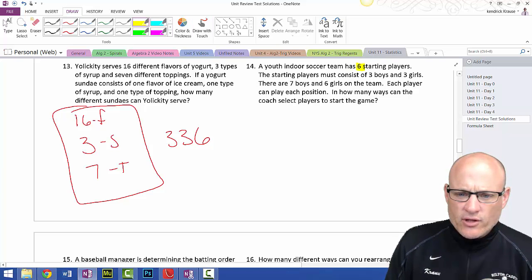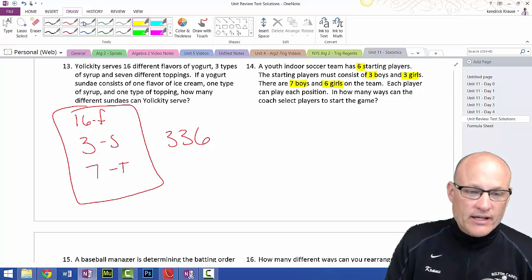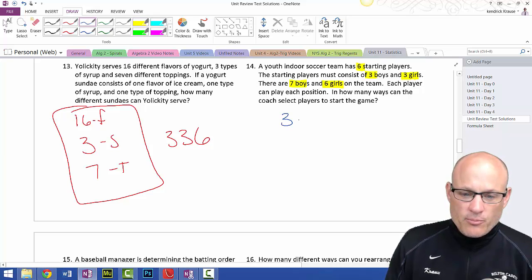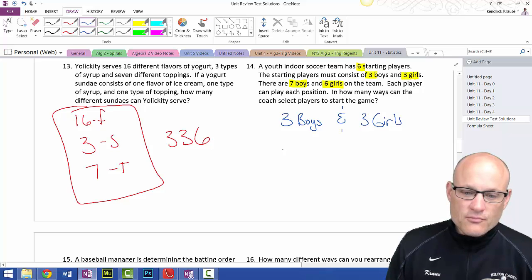There's 6 starting players. I got to do 3 girls and 3 boys. I have 7 boys to choose from and 6 girls. So what I need is 3 boys and 3 girls. Well, 3 boys, there's 7 of them. It doesn't matter how I pick them because they can play any position they want.